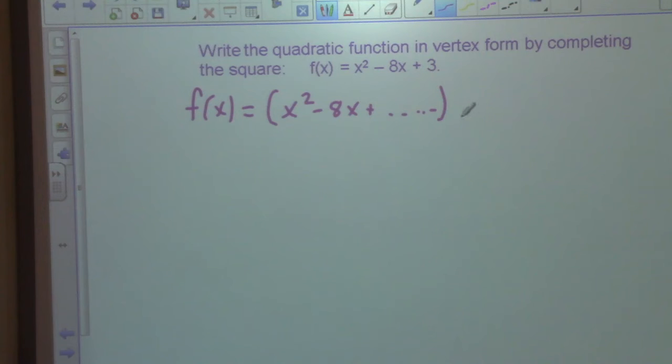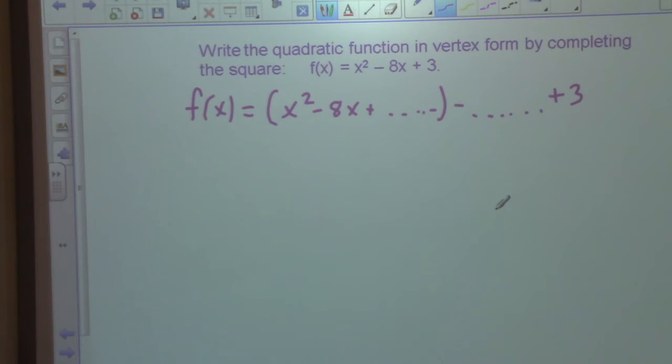And then on the outside, I'm going to put a subtraction here and put some dots here, and then put plus 3 out here. Okay? So we need to figure out what goes in that first blank to make a complete square along with that x squared minus 8x. How do we find that out?